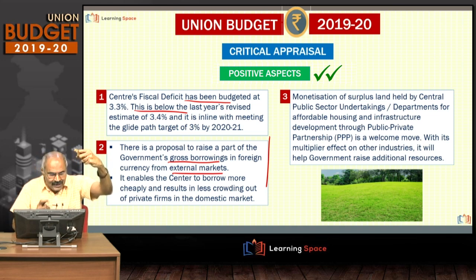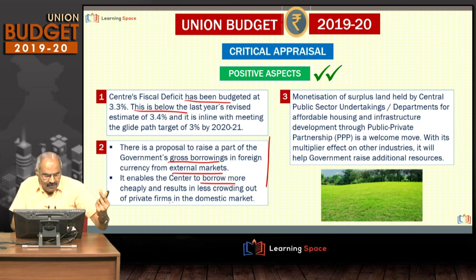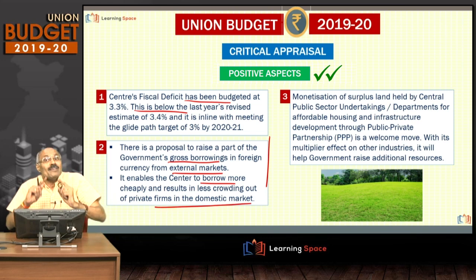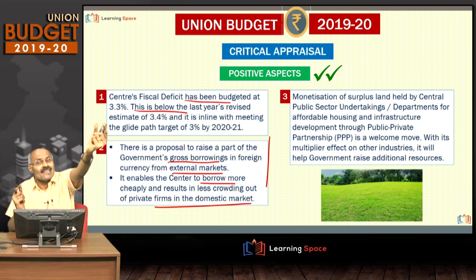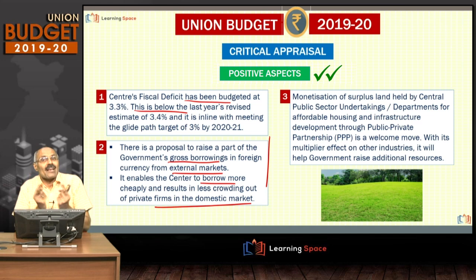It enables the central government to borrow more cheaply, and at the same time, private firms will get more money from the domestic market. That means when the government is borrowing from external markets, more money will be available for the private sector to borrow from the domestic markets.